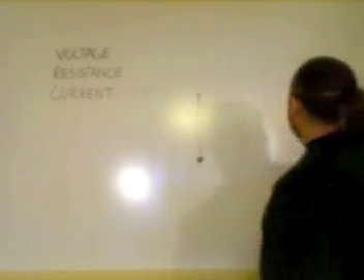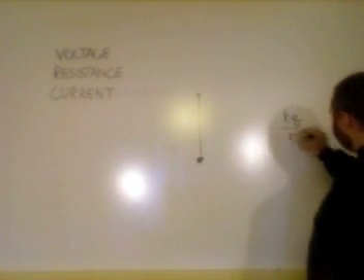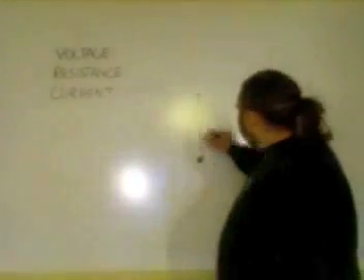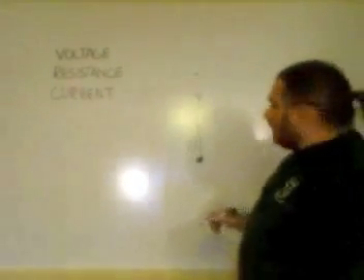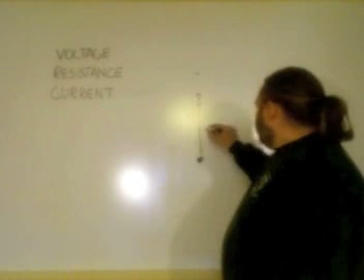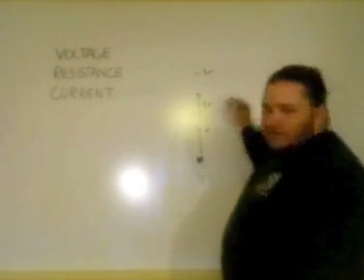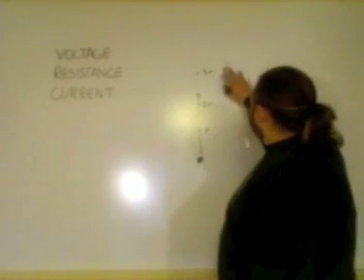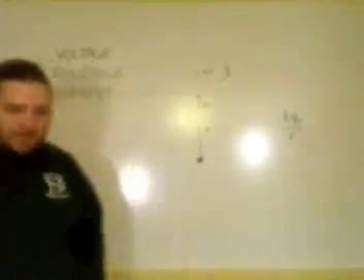Now we have the equation for electrostatics, K, Q, over R for potential. So as we move further and further away, it falls off. If I double my radius, this being 1R, this being 2R, this being 3R, my potential is reduced by a third at this point. Not a half, a third. Okay? So that was when we were talking about potential.